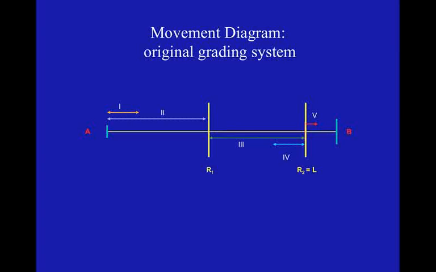So if we look at this movement diagram, A is the beginning of range of motion, and B is the normal physiological full active range of motion, or passive range of motion in this case. In this particular joint, R2 is the end of range for this joint, so it would also be considered L, or the limit of movement.